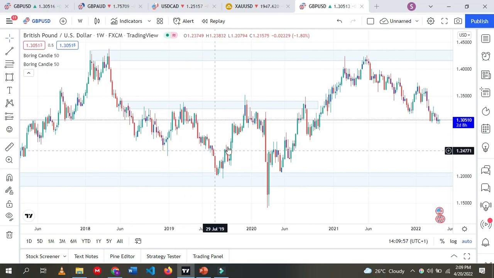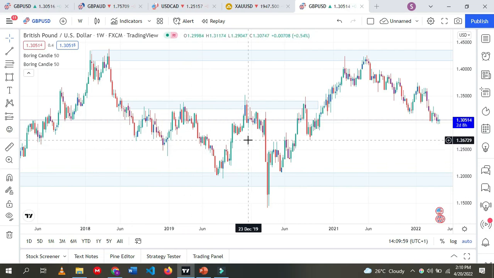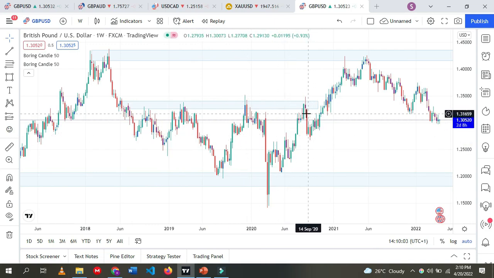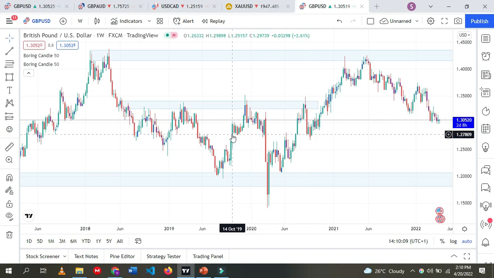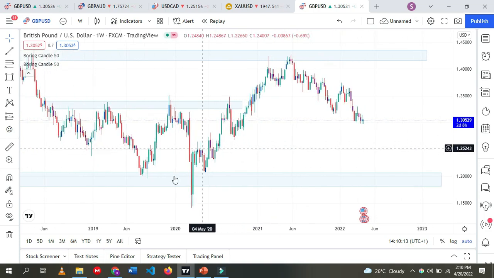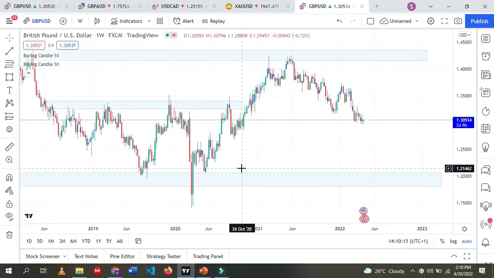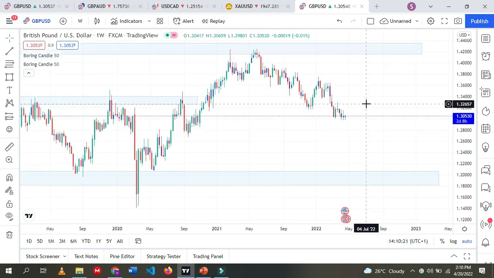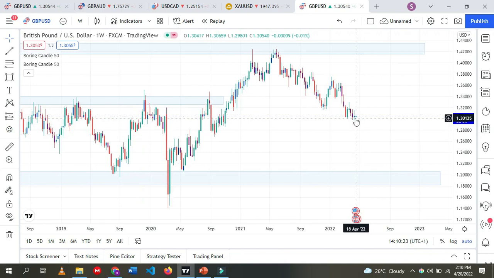18th March. This one, 23rd December. Then this one also September 2020. This one is October 2019. This is 2020. So we are talking about technical analysis, analyzing trend, analyzing the market based on previous price occurrence.